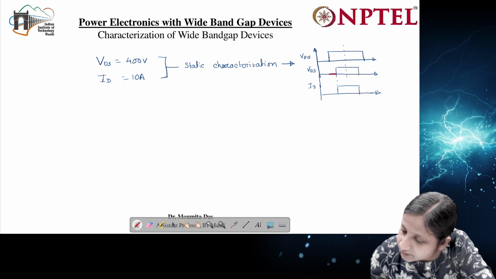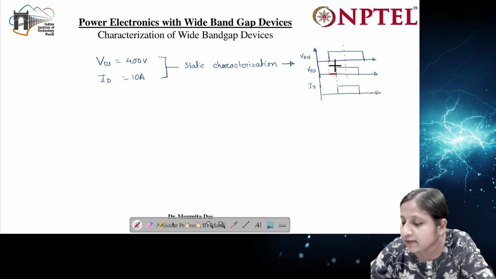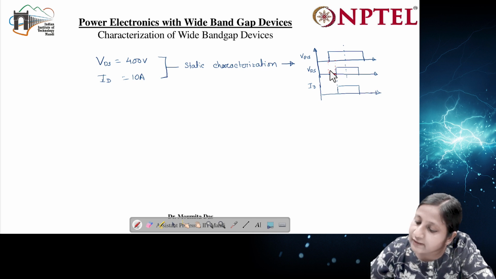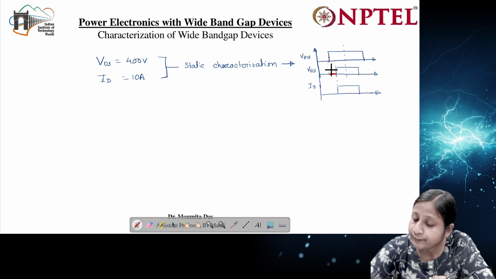In this portion you can see the gate to source voltage we are applying here, and the drain to source voltage can be seen after a delay. So this delay is very important. You know why it is important?